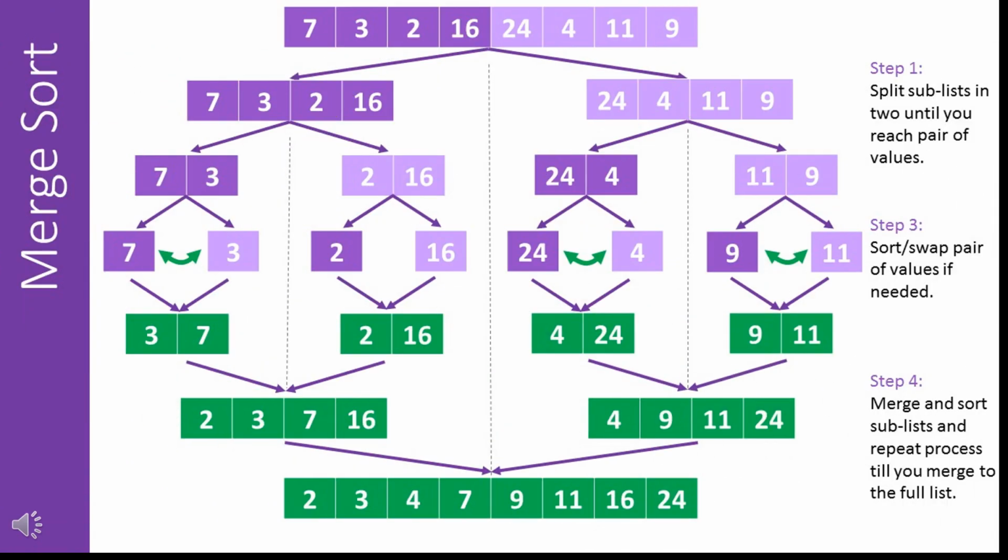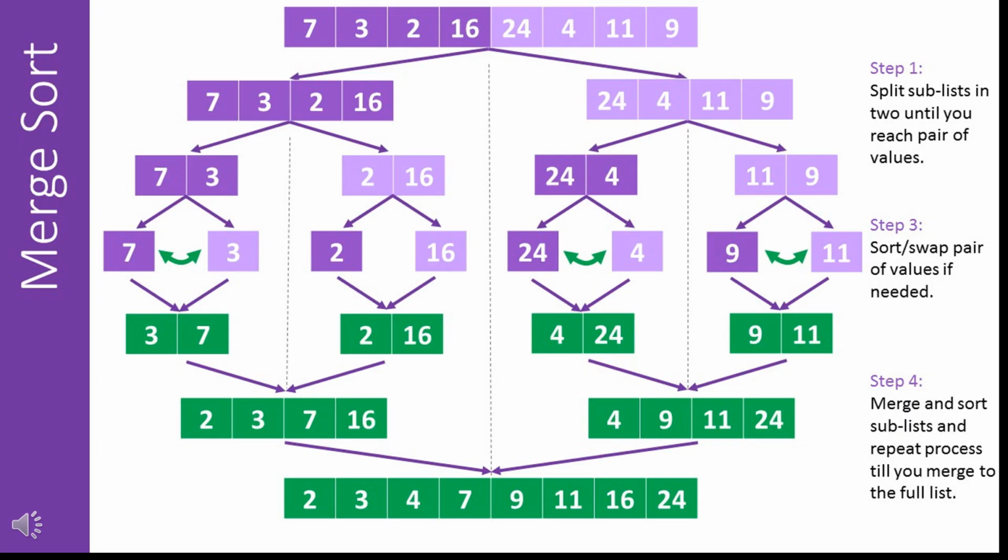Now, let's discuss merge sort, a highly efficient and widely used sorting algorithm. Merge sort is based on the divide and conquer principle. Here is how it works. Step 1. Splitting. First, the array is divided into smaller subarrays until each subarray contains 1 or 2 elements.